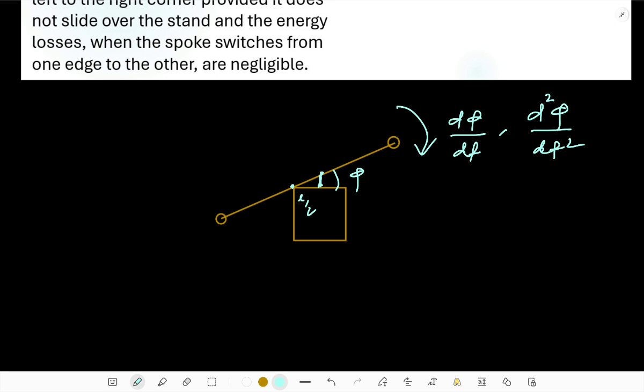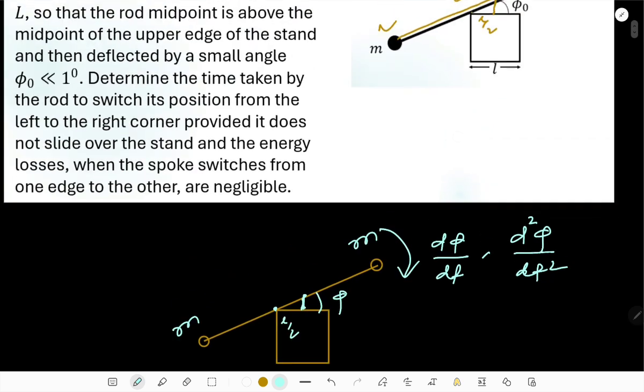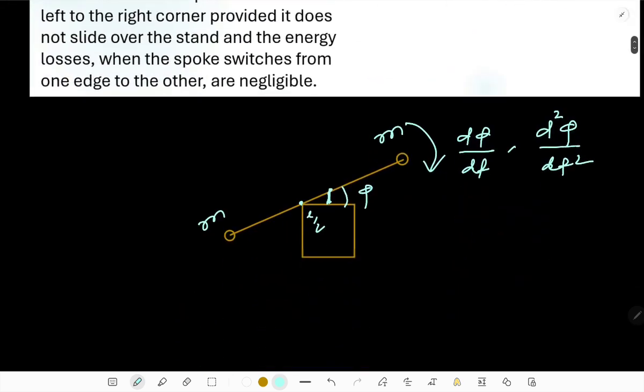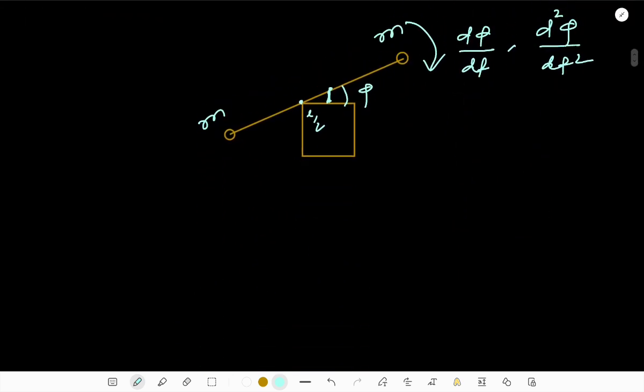Rod is light, so it doesn't contribute either to the kinetic energy or potential energy of the system, but the balls will. Balls are not massless, and let their masses equal to m. It was shown in the problem.